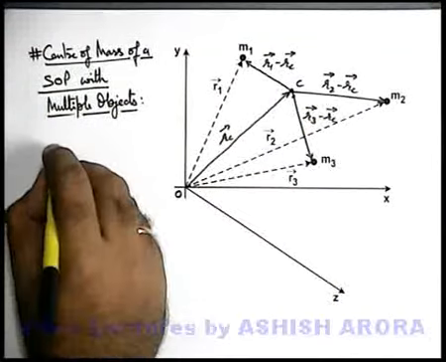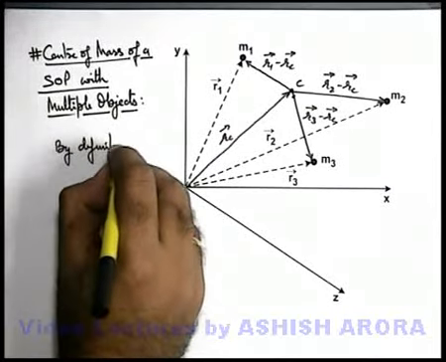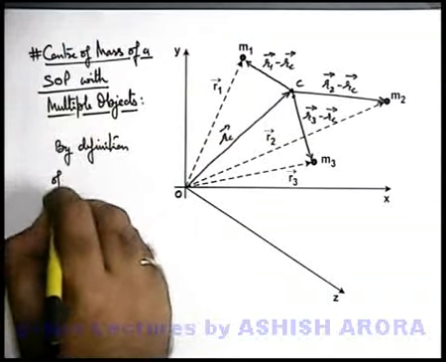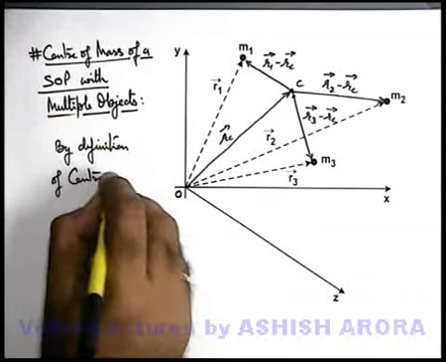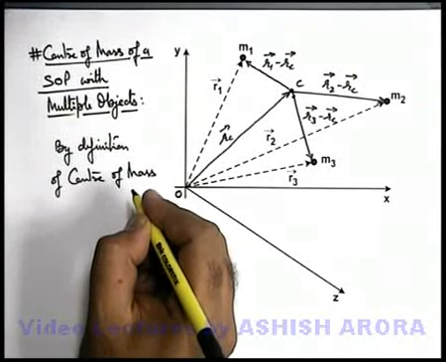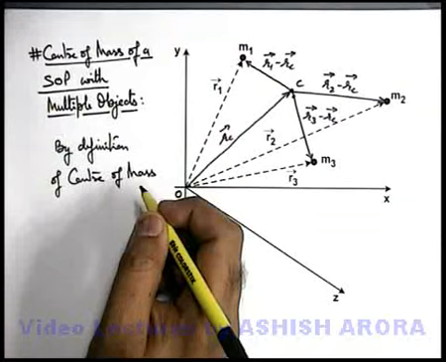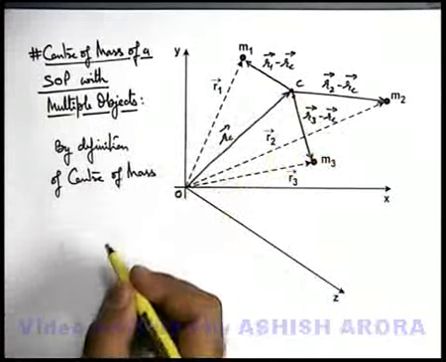Now, by definition of center of mass, we know that the sum of mass moments of all particles of a system with respect to the center of mass is 0.